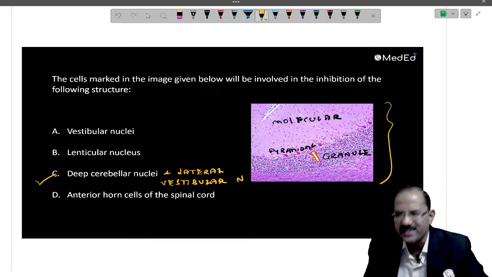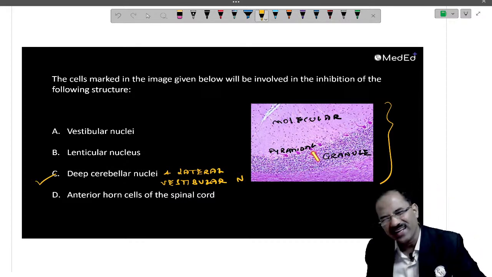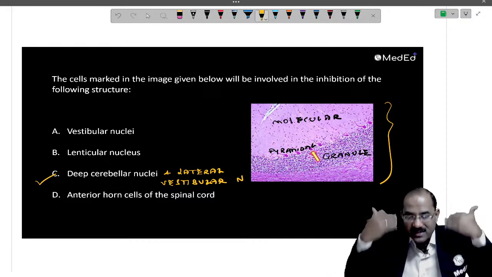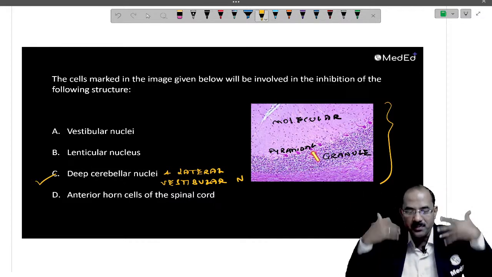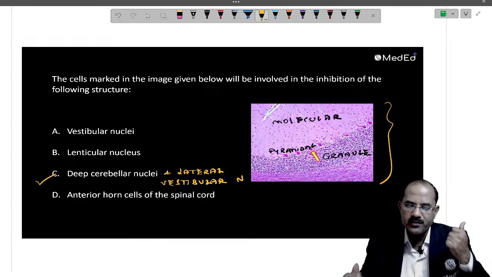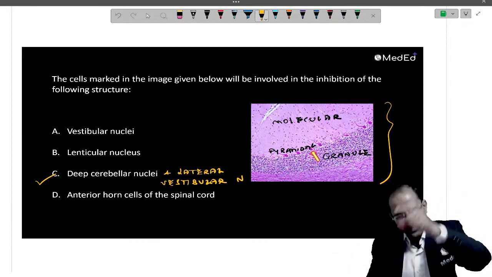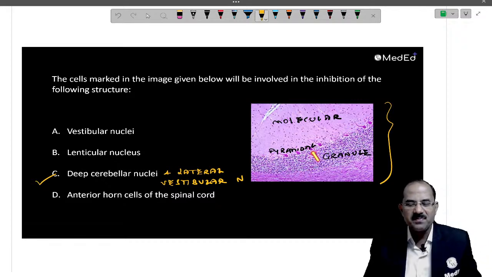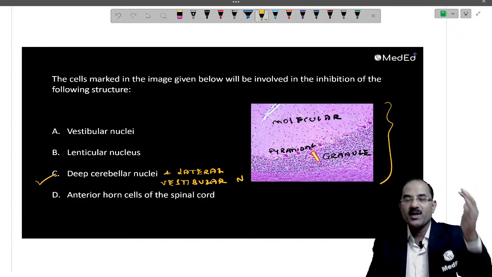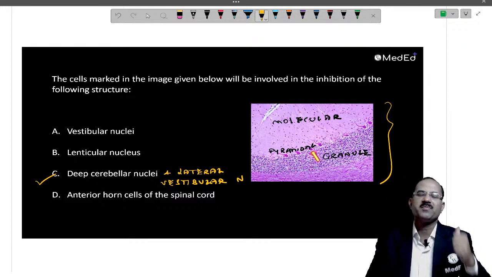It inhibits the deep cerebellar and the lateral vestibular nucleus. Remember students, the cerebellum is mainly sensory. It has a sensory input. The only motor output from the cerebellum are the Purkinje cells. And these Purkinje cells are going to inhibit the deep cerebellar nuclei and the lateral vestibular nucleus.